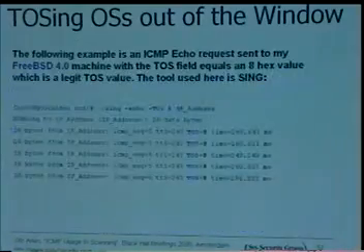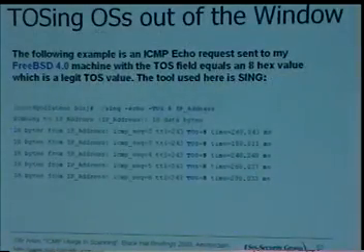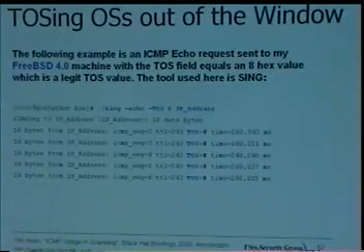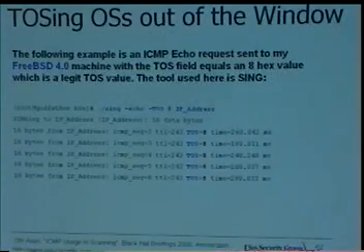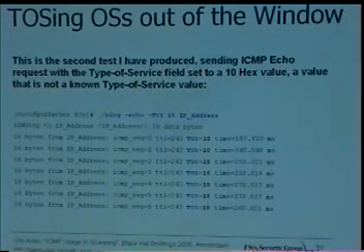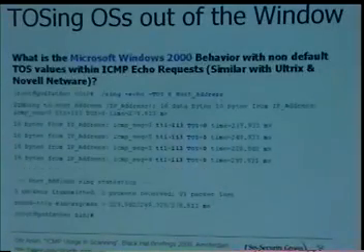It's all nice. Here we have an example with FreeBSD, a home machine I have at home. Sending, again with hping, a TOS field which equals 8 hex, getting back 8 hex in that field. And again, using another value which is not represented by the known TOS field values, 10 hex, and again getting 10 hex back in the reply.